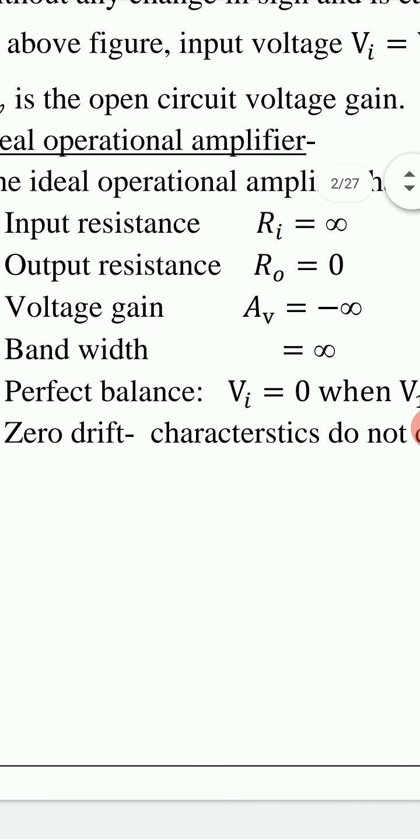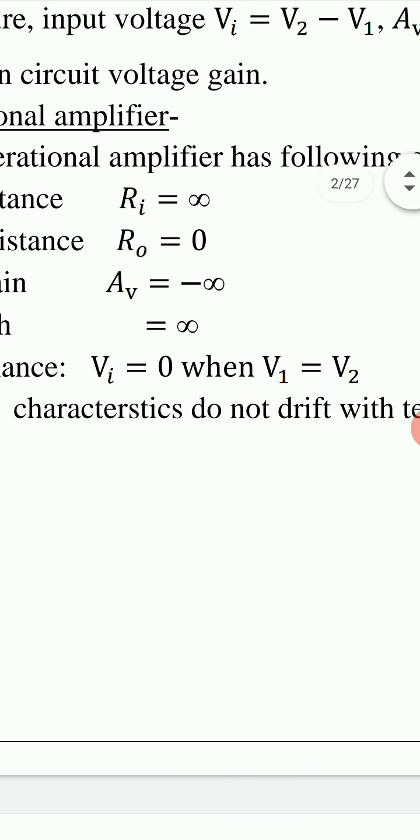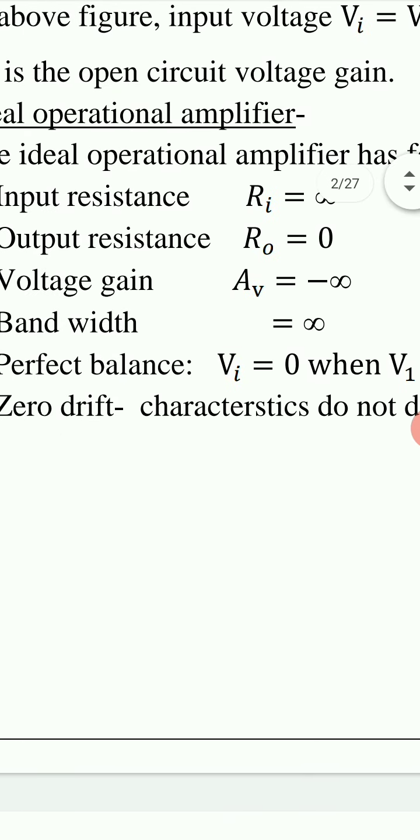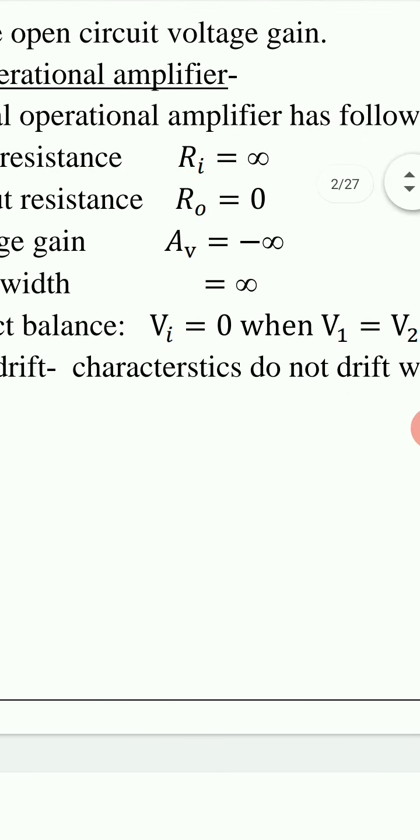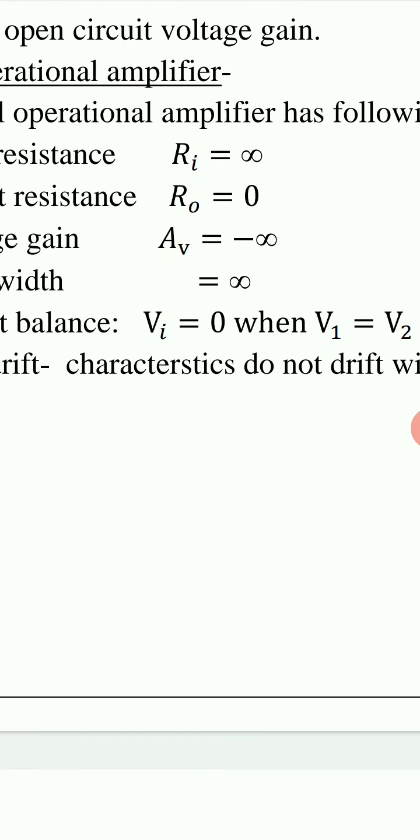Perfect balance: Vi is 0 when V1 equals V2. When the voltages applied at two input terminals 1 and 2 become equal, input voltage Vi becomes 0, as Vi is equal to V1 minus V2.